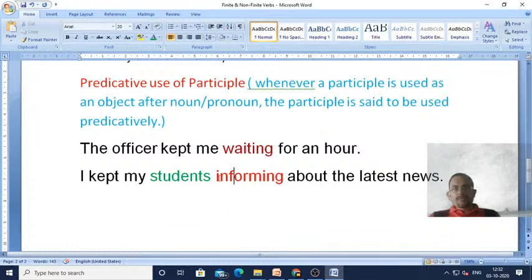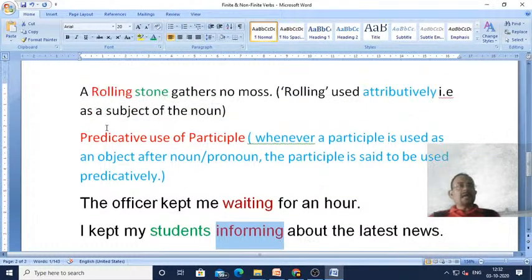Therefore "informing" is used predicatively, and whenever -ing is used predicatively in a sentence, this -ing becomes the present participle. Whenever we use it predicatively as well as attributively, then that -ing becomes a present participle.